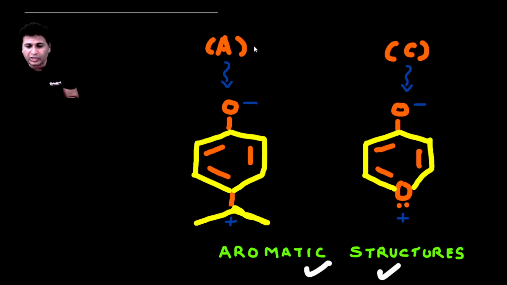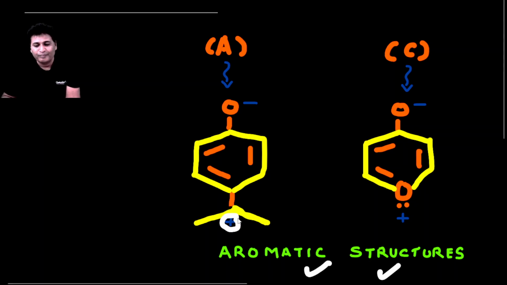Now if you see the structure A and C, can you see a difference? I have seen a major difference between A and C. Students, I have seen that in structure A, this particular carbon is a carbocation, and this has got 6 electrons.